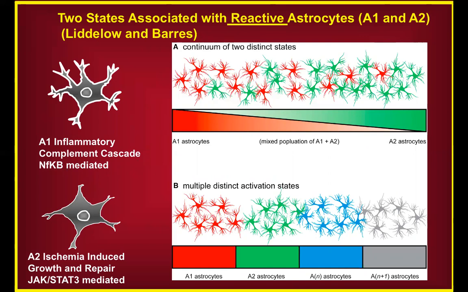Shane Liddelow, who gave a talk, I think last year at OSU, maybe it was 2 years ago, another really great astrocyte biologist, talking about this inflammatory astrocyte. He calls it an A1, this reactive astrocyte, and then this A2, which is a damage or ischemia-induced astrocyte.